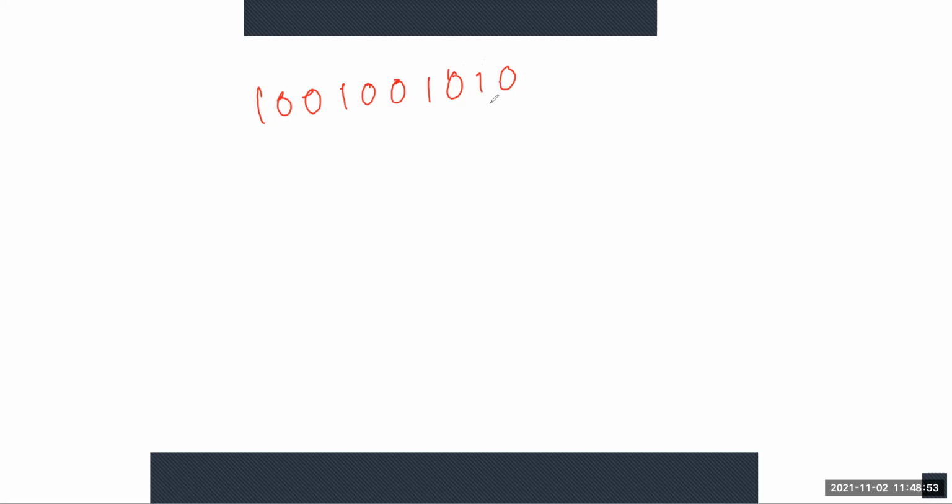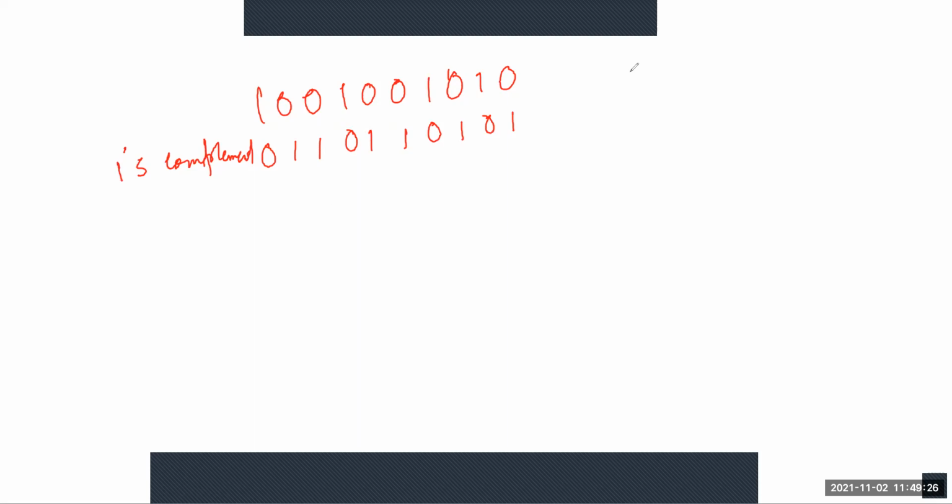So in that case it is 01101101001. This is the first complement of this binary number. This is a reversible process. So in this way you will get the first complement.